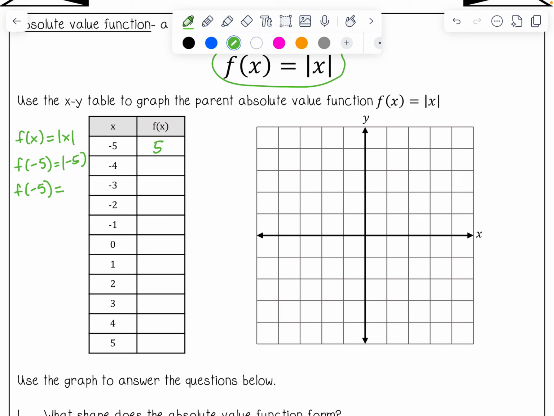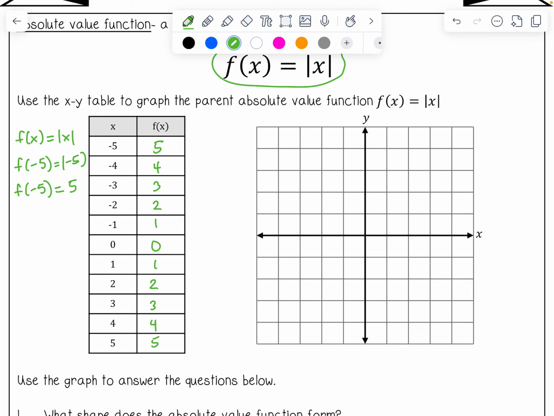So the absolute value of -5 is 5. That's what I'm doing. The absolute value of -4 would be +4. The absolute value of -3 is 3, and so forth and so on. And then when you get to 0, the absolute value of 0 is 0. The absolute value of 1 is 1, 2, 3, 4, 5. It just always gives you the positive number back.